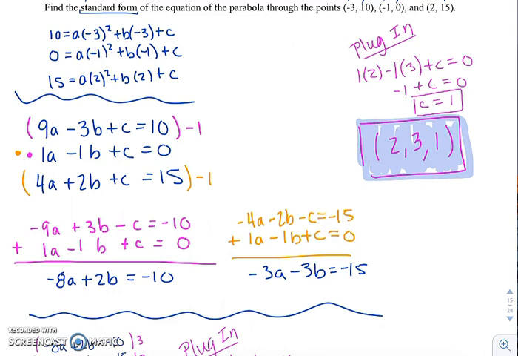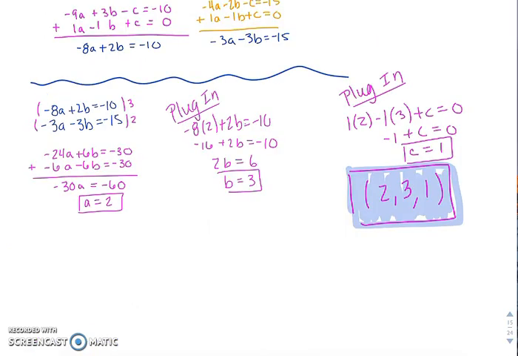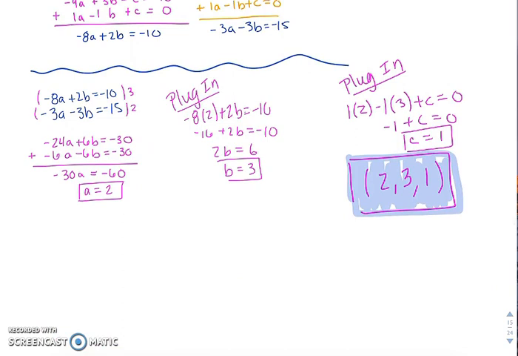Okay, let me zoom everything in here and get a little more organized. So we've done our double elimination, we've got our a, b, and c, we've got our ordered triple. So the last thing to do is plug it into this standard form equation to get the equation of this specific parabola that actually goes through those three given points we had.